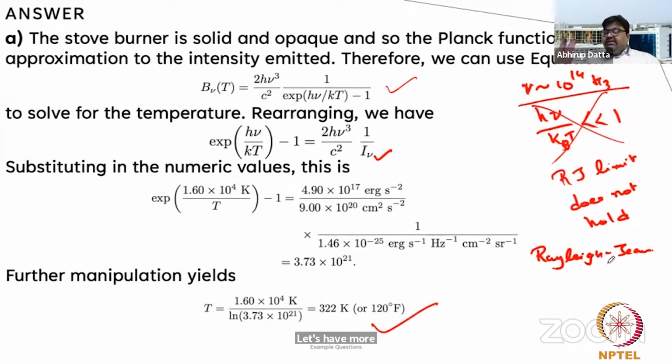There's no exact clear demarcation where it holds and doesn't, but a few tens of gigahertz is still okay to apply Rayleigh-Jeans, while at hundreds of gigahertz you should stop using it and use the actual Planck function. You can actually make the calculations and try to see at which frequency exactly it breaks down, but that's beyond the scope of this particular course.